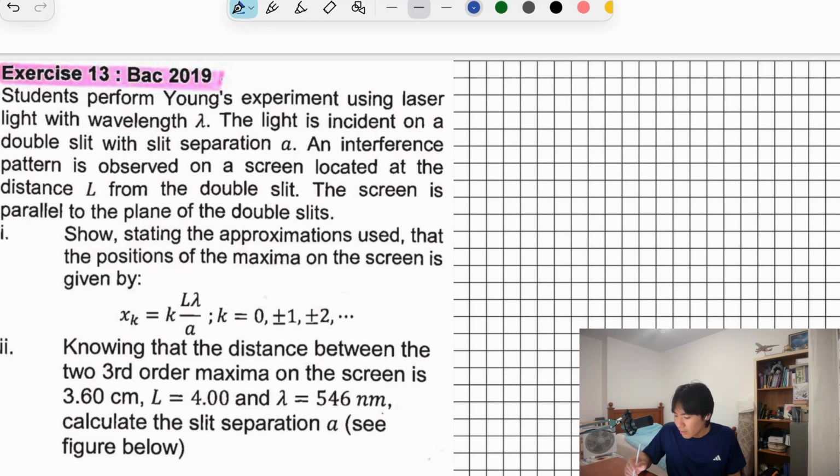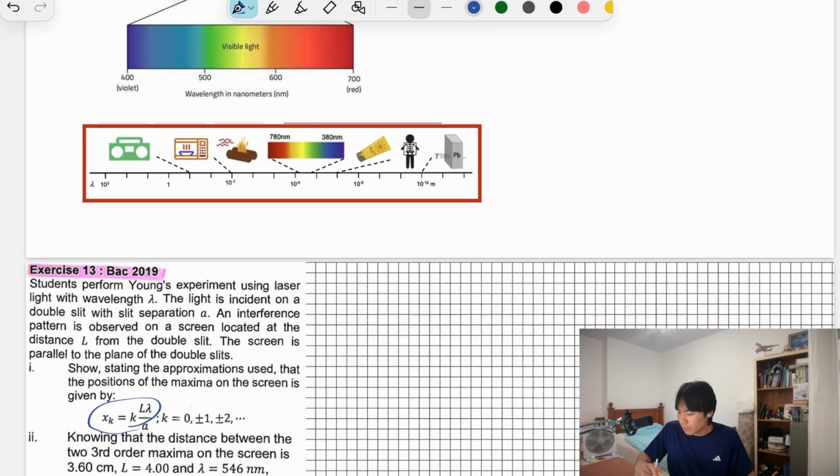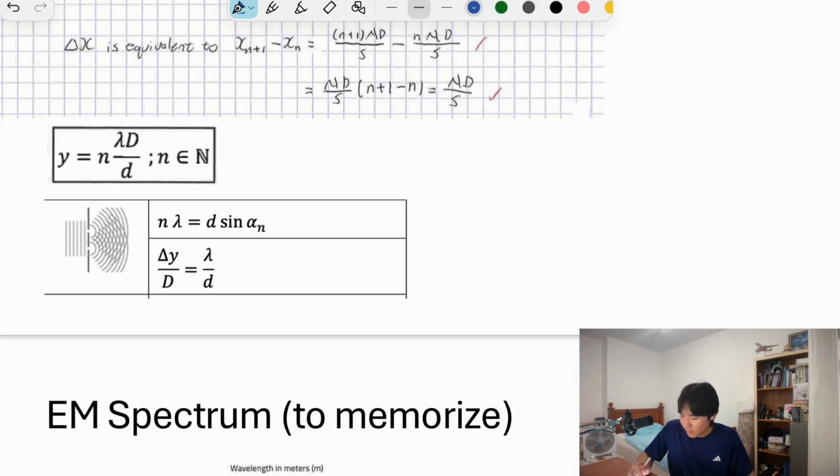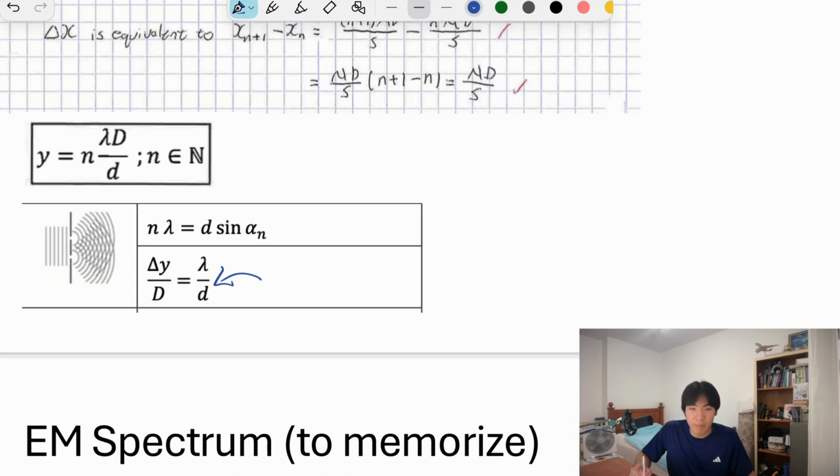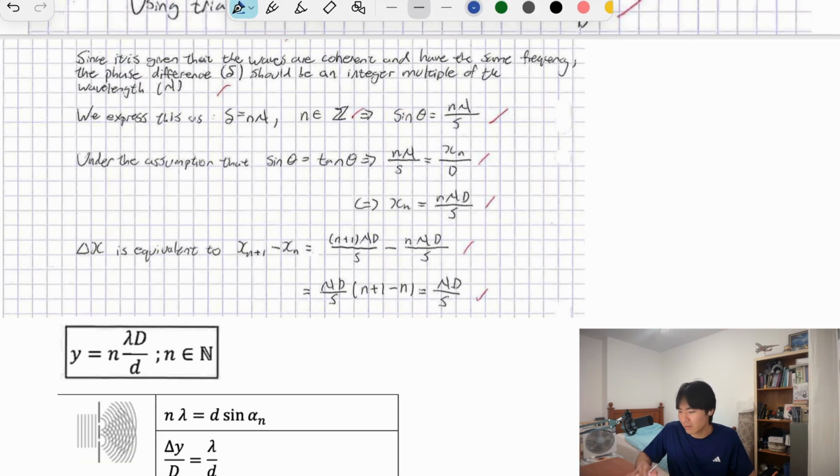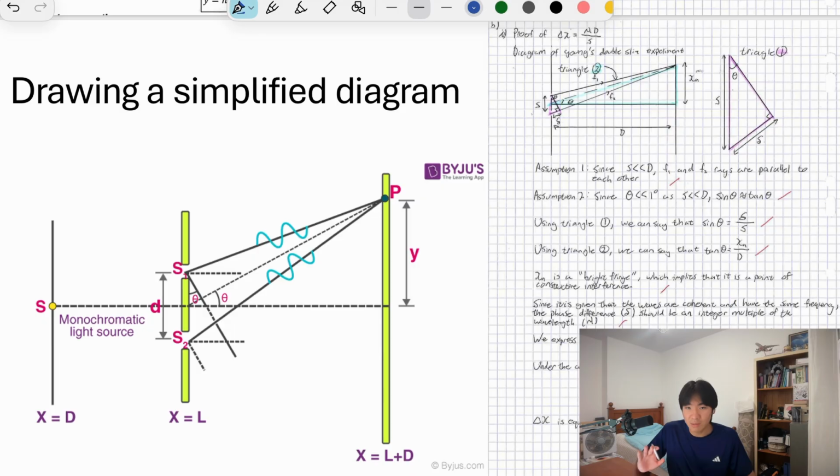Stating the approximation used, show that the position of the maxima on the screen is given by the formula here, which I told you is basically this formula here, but a bit rearranged. As I said, you're not going to be actually using this formula that often. All you're going to be asked to do is derive the formula here. I would say 8 of the 10 cases, or actually 9 out of the 10 cases. Okay, I'm going to explain the derivation to you.